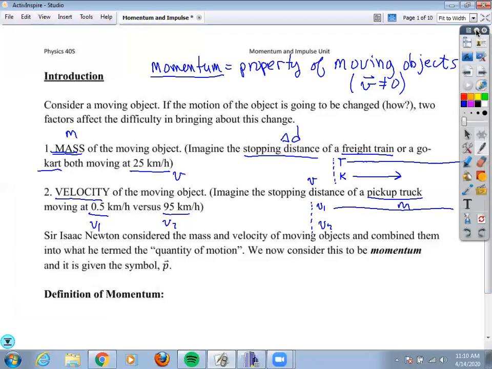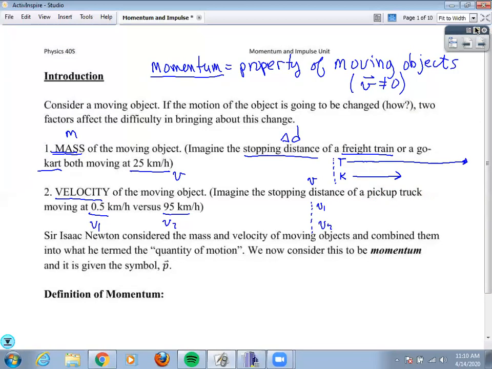I got them backwards, so I will just erase that. We'll pretend that didn't happen. So v1, half a kilometer per hour, the stopping distance is maybe that much, delta d. But for v2, the stopping distance is going to be much longer. It's pretty intuitive. If you're in a vehicle, the faster you go, the more distance it takes for you to come to a complete stop if the braking force is the same.